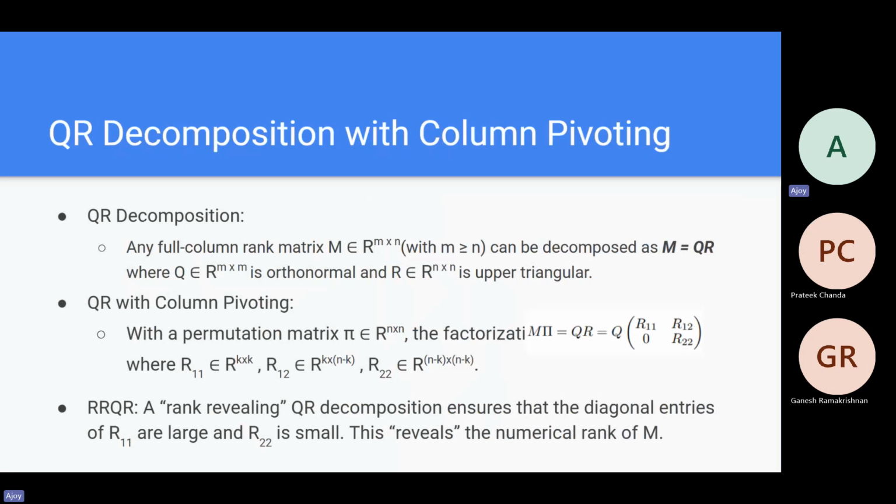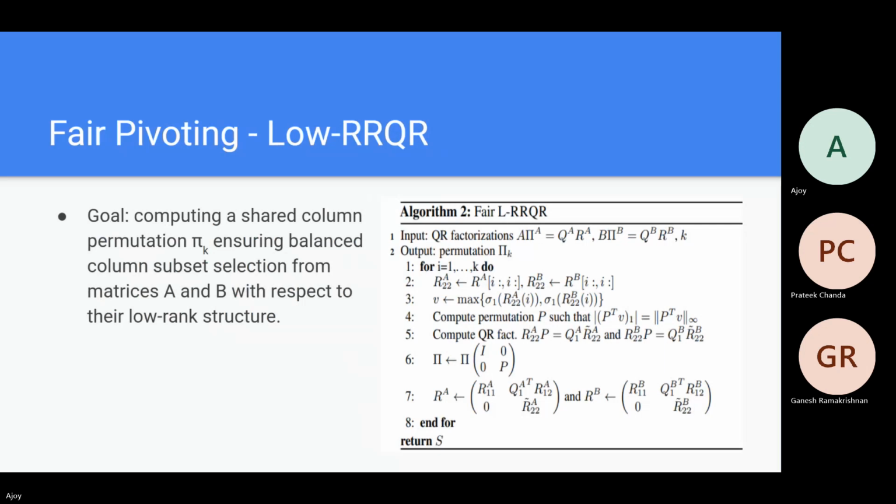Going ahead, they also present low rank dividing QR decomposition and an algorithm for that. So what is being done in here? We are trying to compute pi t. So what is pi t? It is also a tolerance permutation, so that we can fairly select the tolerance from both matrices A and B, and that in the low rank structure.